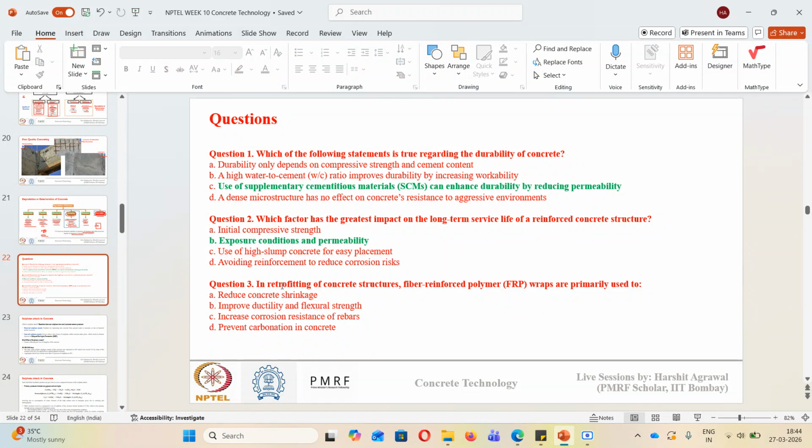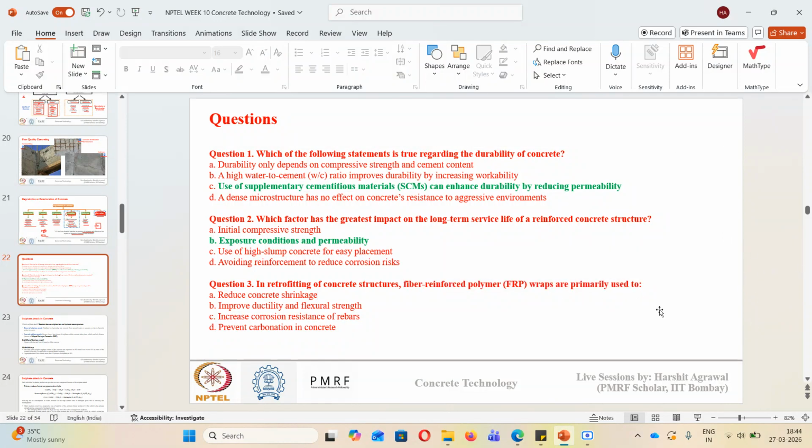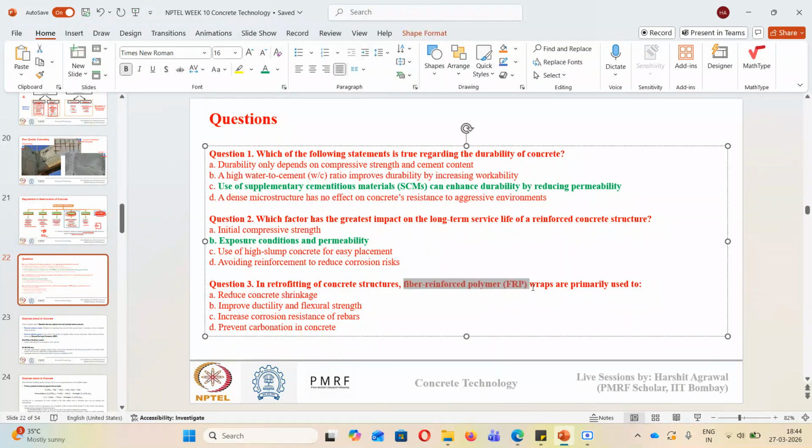Question number three. In retrofitting of concrete, so retrofitting means increasing the functionality of concrete, increasing the strength of concrete, fiber reinforced polymer wrapping are primarily used to. If you have seen on big bridge piers, there is carbon wrapping done across the piers. Those black carbon wrappings are fiber reinforced polymers.